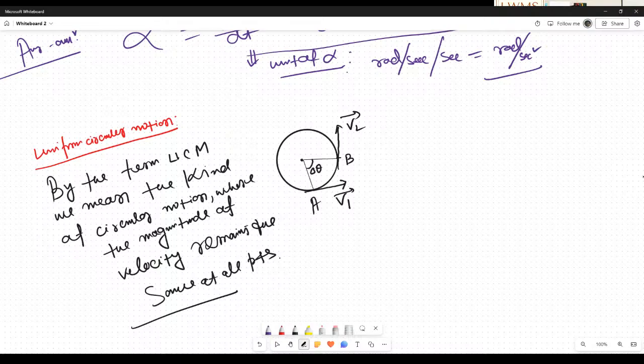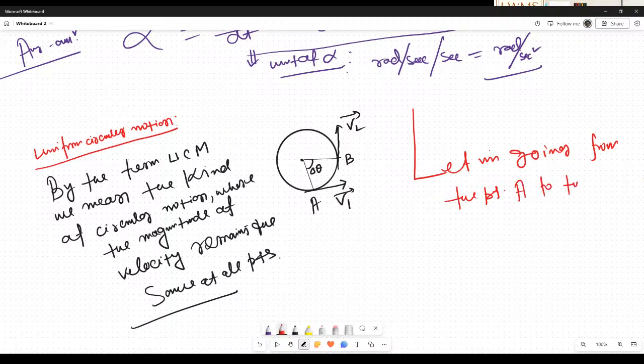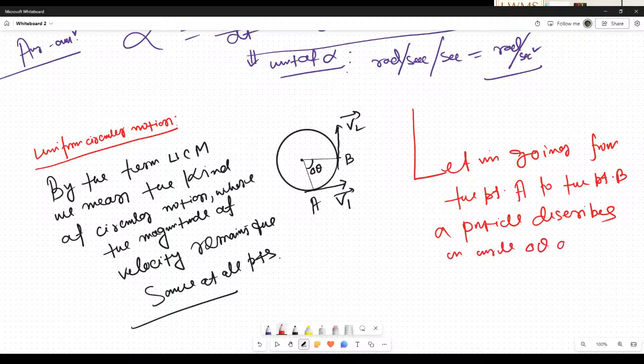Now, let us write this. Let in going from the point A to the point B, a particle describes an angle delta theta at the center in time delta t.